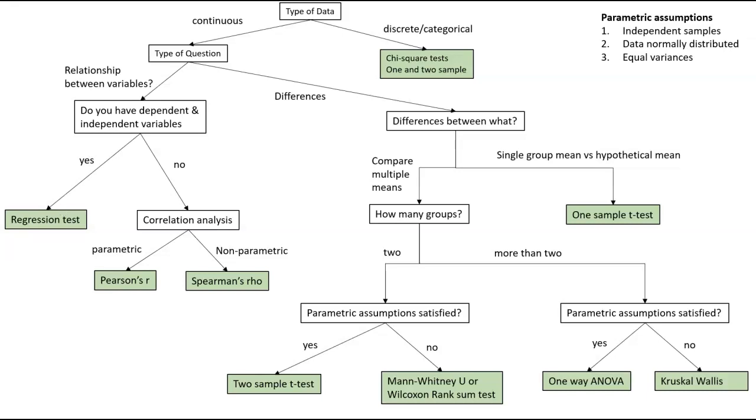In Excel, these can be found easily as regression tests. The output of that would be some kind of function or an equation that explains the relationship between the dependent and independent variables, if there is one.